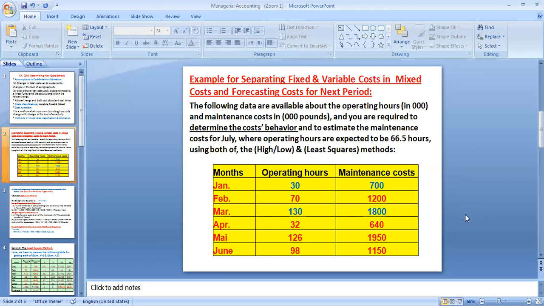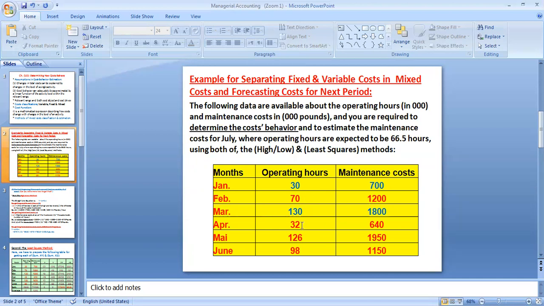Why? Come again. When we multiply 30 by 11 and deduct it from 700, it gave me 370, right? When we multiplied 130 by 11 and deducted the result from 1,800, it gives me 370, right? Please, try multiplying 70 by 11 and deducting the result from 1,200.